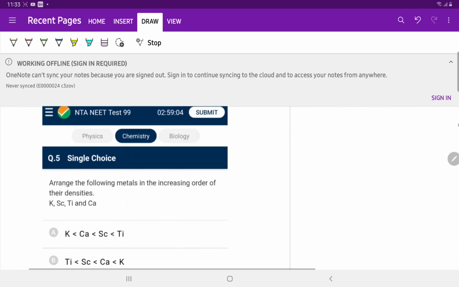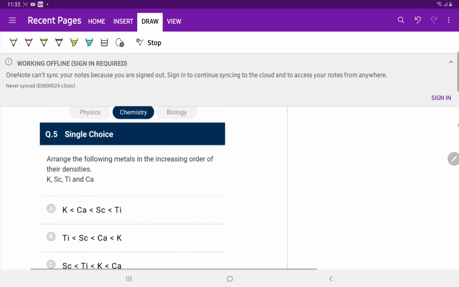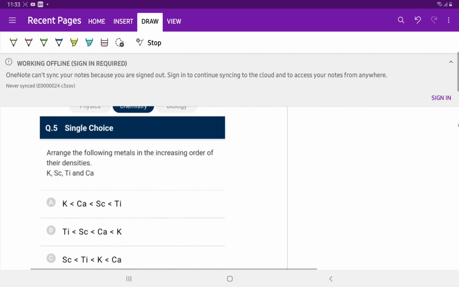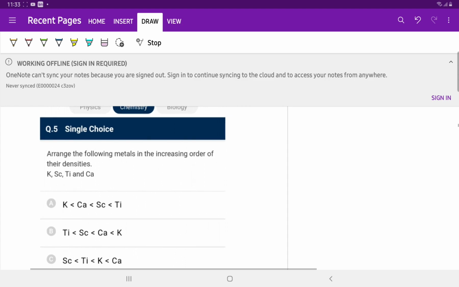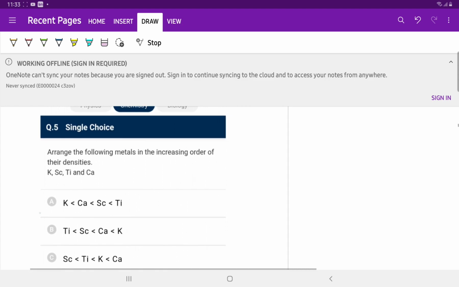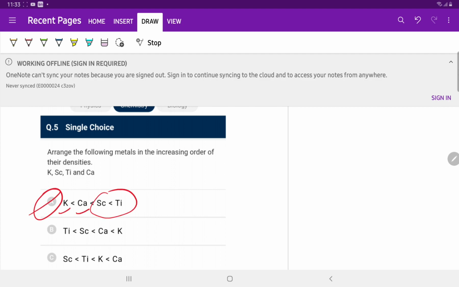We move to the next question, question number 5. Arrange the following metals in increasing order of their density. We know very well that the density of transition metal is greater than that of alkaline earth metal, which is greater than that of alkali metal. The least density is alkali metal, then alkaline earth metal, and these two are transition metals. So A is correct.